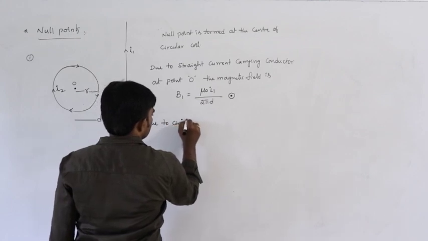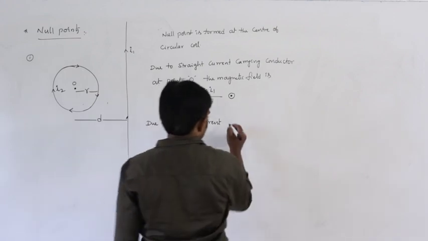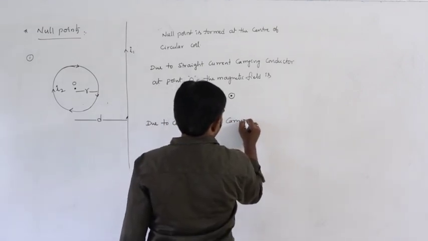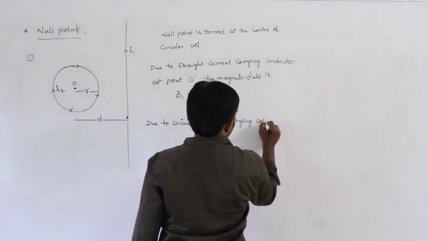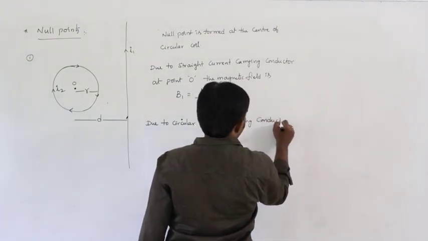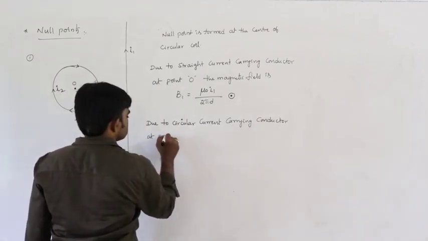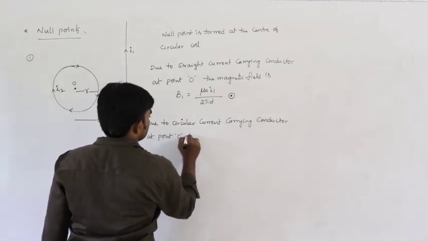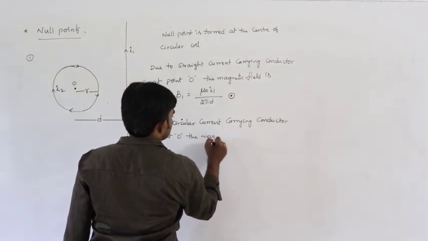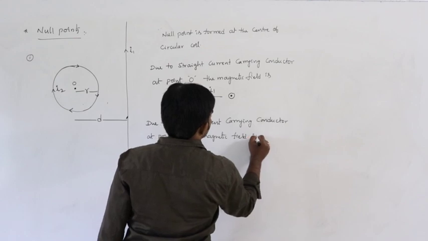Next, at the same position, due to the circular current carrying coil, let us say at point O, what is the magnetic field at that point O?